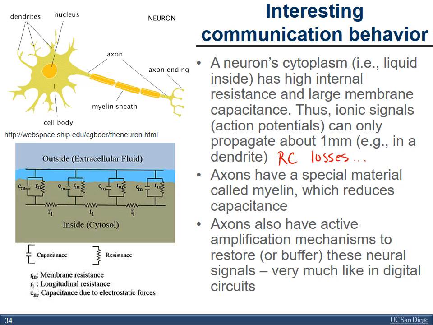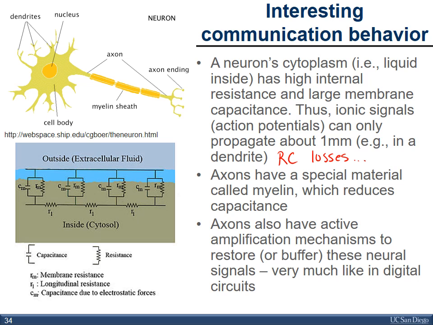Now, nature realized this. Well, I don't know if realized is the right word, but understood this and created a sheath type of layer, which effectively serves to reduce the capacitance between the axon and the extracellular fluid to decrease the RC losses, if you will. The R doesn't change, but the C does get changed very significantly.